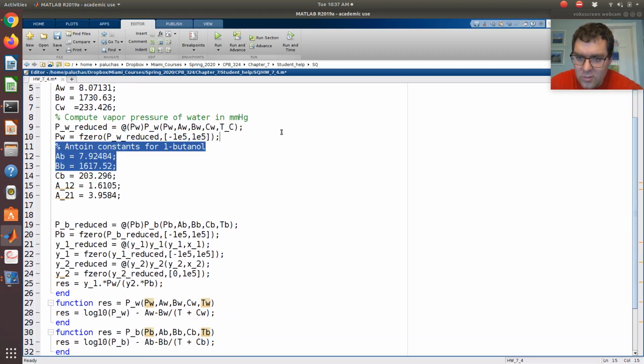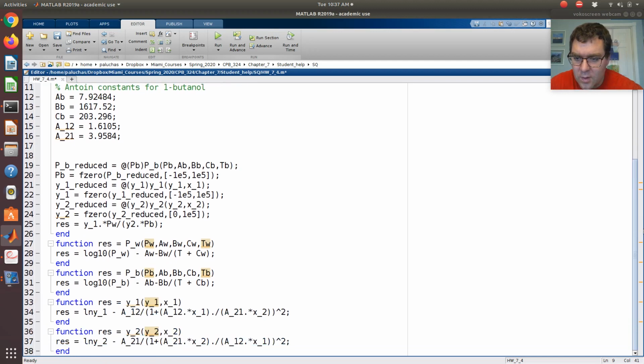Essentially what this would do is pass my Antoine constants and the temperature to this helper function, this error function. This just says I need to do that, and then this just says that's using T. And then F0 would solve for PW. So you could do that.